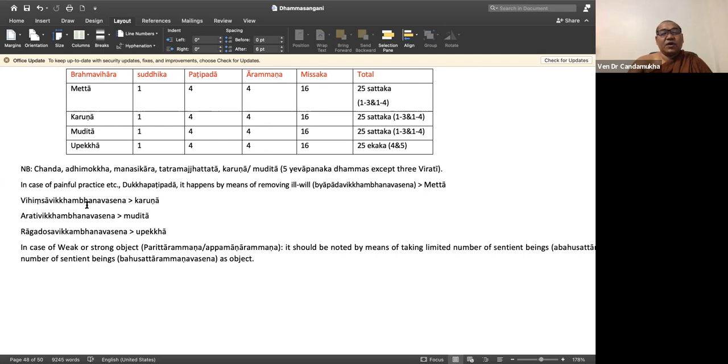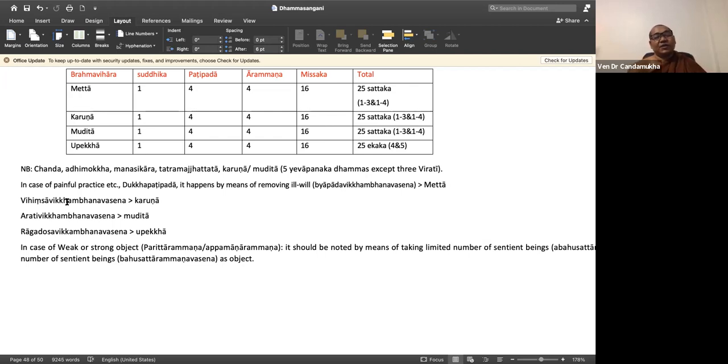In the practice of Karuna, it may be difficult or painful to remove vihimsa. Vihimsa means torture. And also in the case of Mudita, arati, it may be difficult to remove arati, finding no delight on seeing others prosperous, being in better conditions.